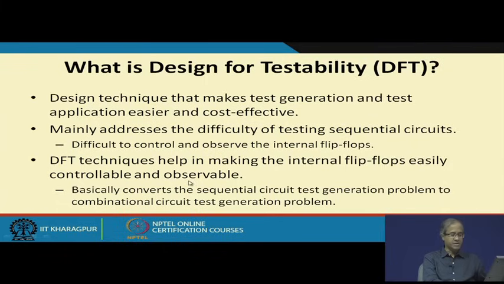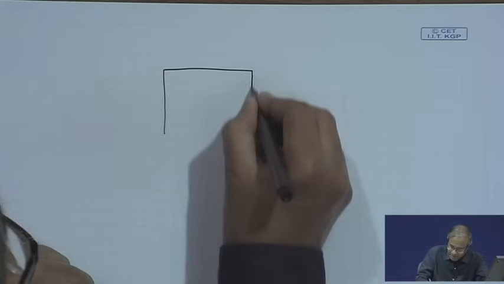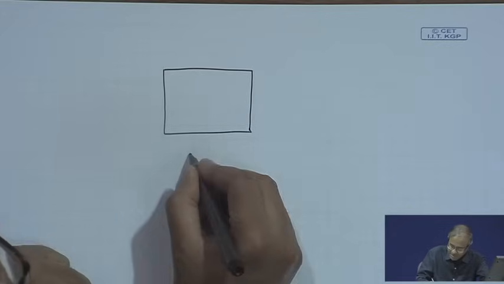So, if we can do this, then we have a very interesting corollary. We are converting the sequential circuit test generation problem to a combinational circuit test generation problem. How? Let me just show you schematically. In a schematic sense, a sequential circuit looks like this.